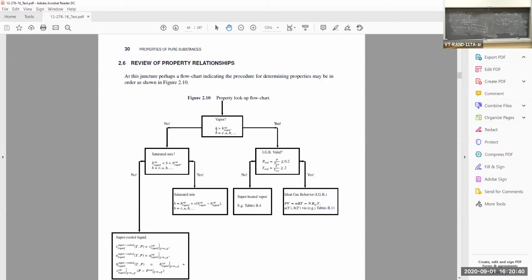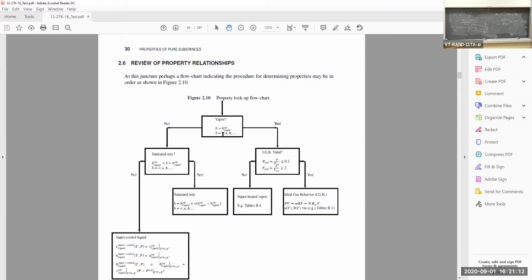B here in this expression can be any quantity like specific volume, internal energy, and enthalpy. If B, specific volume, enthalpy, or internal energy, is greater than B for the saturated vapor, then it is a superheated vapor. So you go over here in the flow chart.